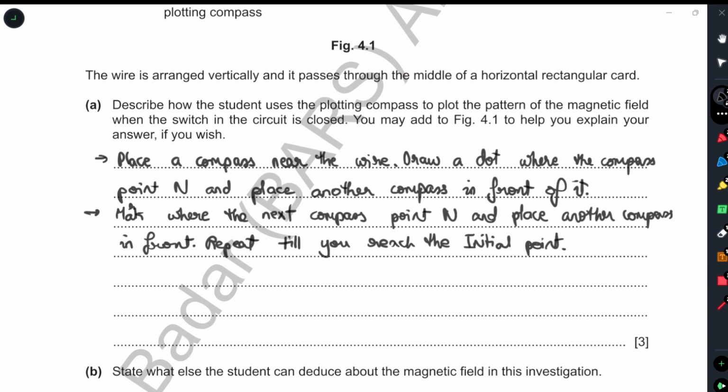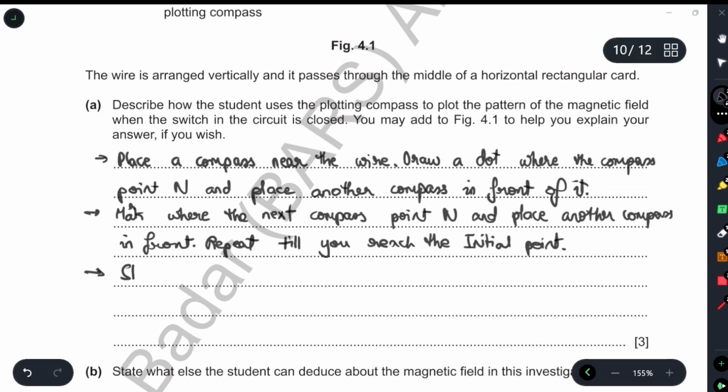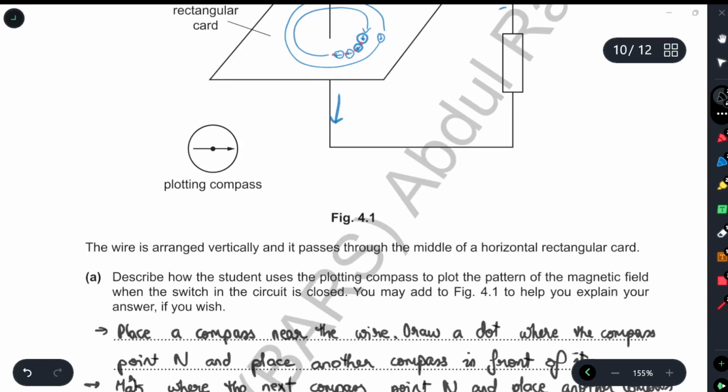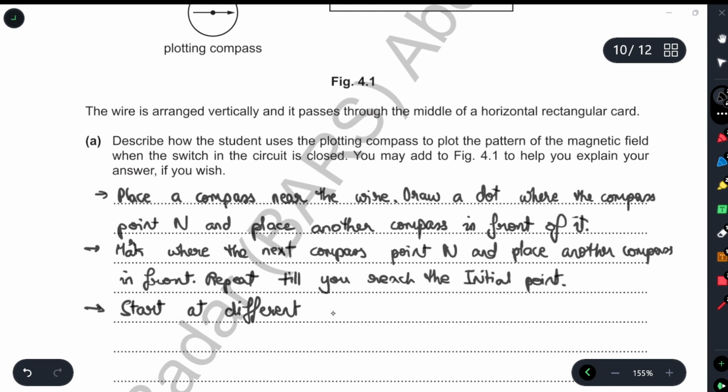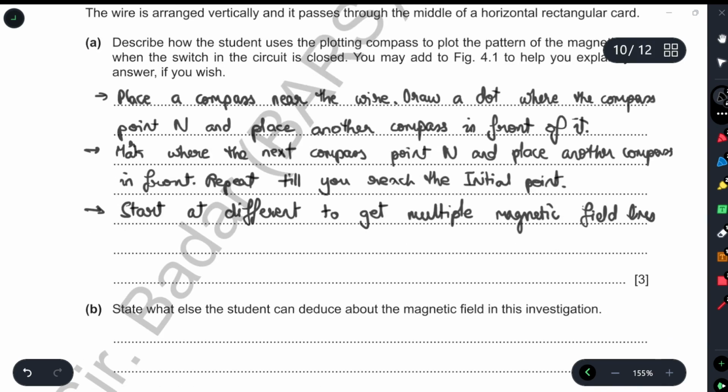Say repeat till you reach the initial point. मतलब वो आपको घुमा के वापस उधर ही ले आएगा. And then we are going to have to add start at different points. So like I said, पहले आपने यहाँ से start लिया, अब आप यहाँ से start लेंगे to get multiple magnetic field lines. ठीक है. So इस तरह से you should be able to get the 3 marks.